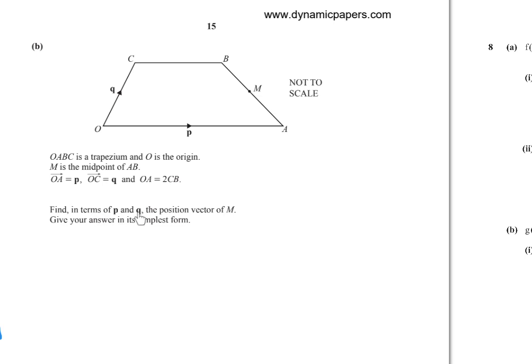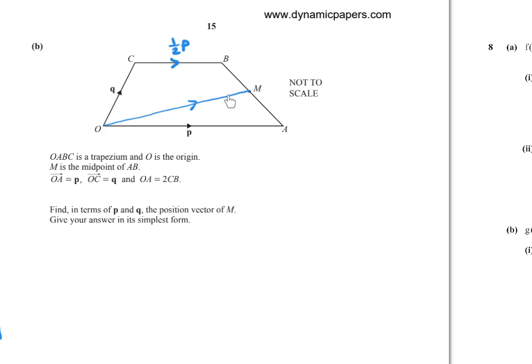Find in terms of p and q the position vector of M. So we need to find OM. Now because OA is double CB, you can deduce that CB is half p.